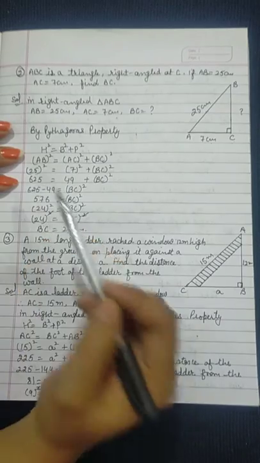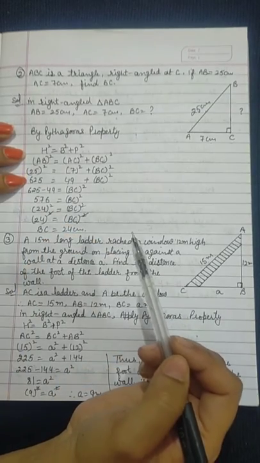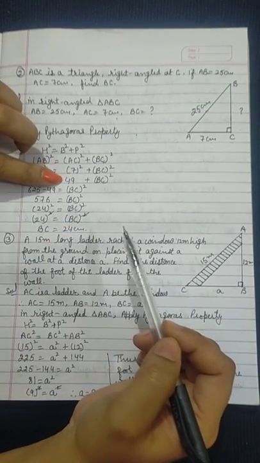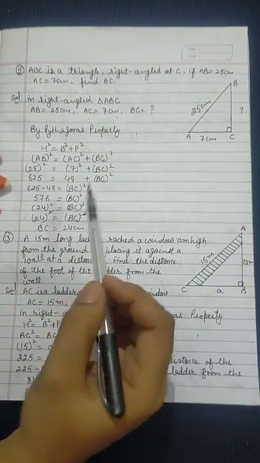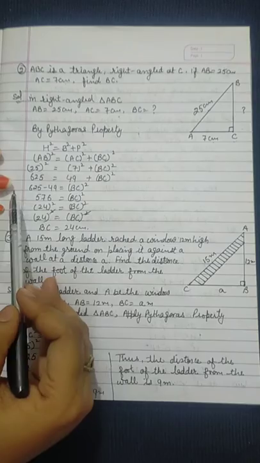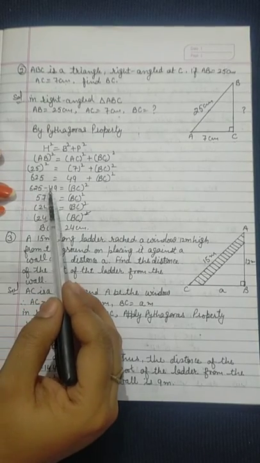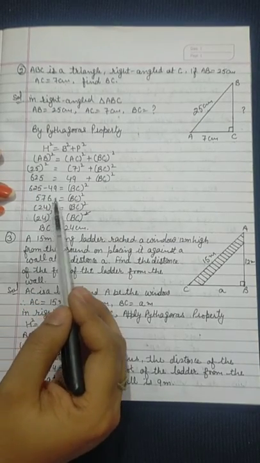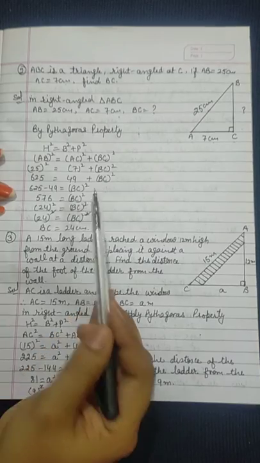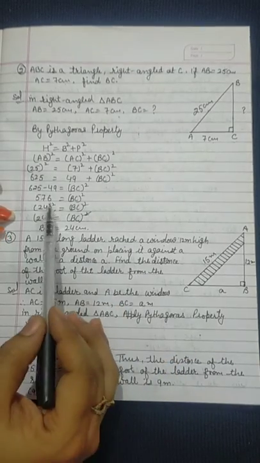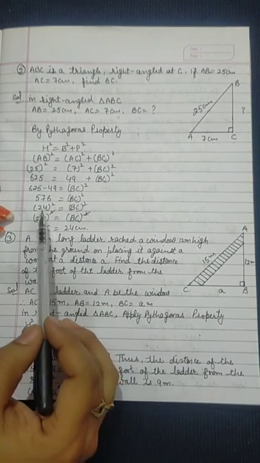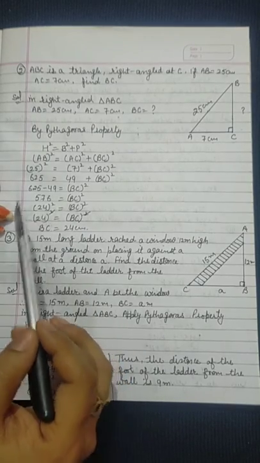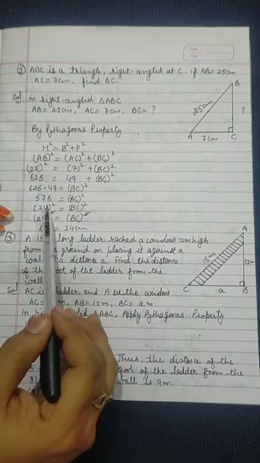Now open the brackets. 25 into 25 is 625, 7 7s are 49, and BC whole square as it is. Now I will take 49 to the other side. So 625 minus 49 is 576 equals BC whole square. And 576 is 24 to the power 2, meaning if I multiply 24 with 24, I get 576.